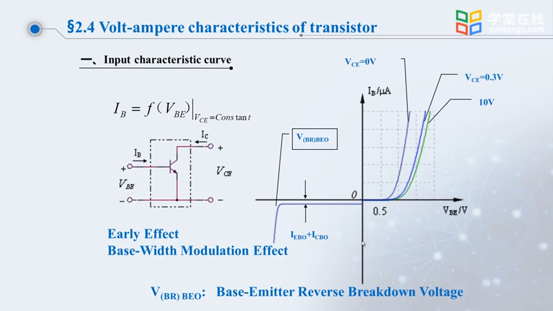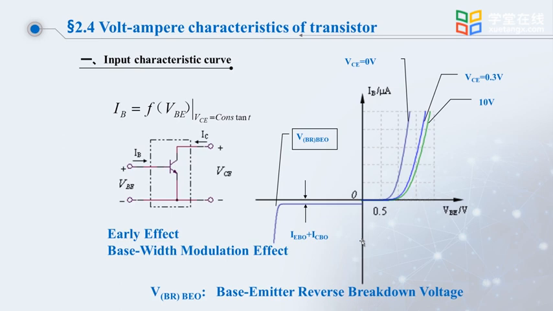As VCE increases, the collector's ability to collect free electrons increases, so the ability of the base region to contain free electrons is reduced. So IB is rapidly reduced, which is one of the characteristics of working in the saturation region.